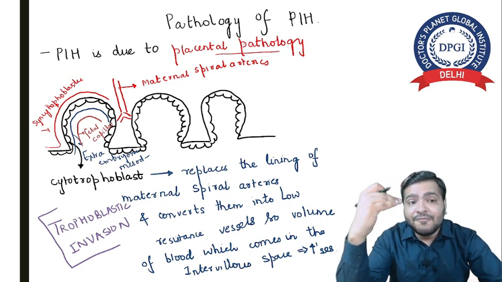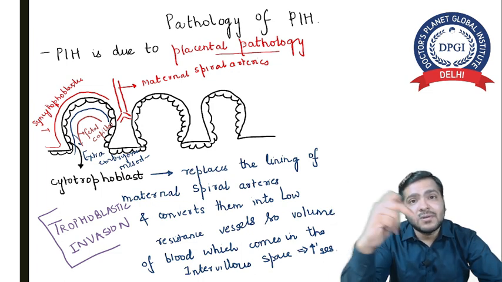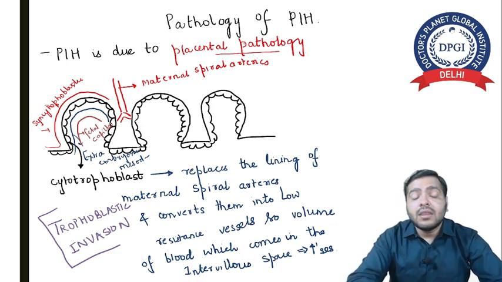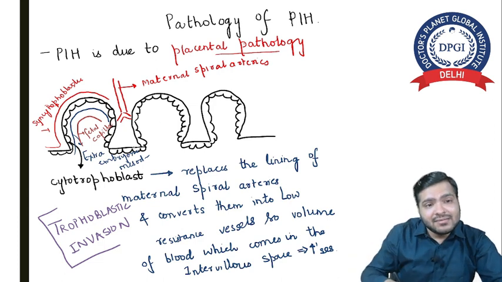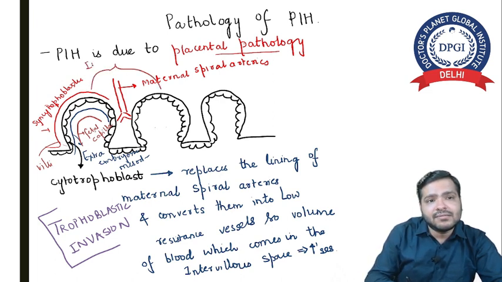Fetal blood is separated from maternal blood with the help of this particular membrane. Everyone knows that this structure is a villus, and between two villi we have the intervillous space.